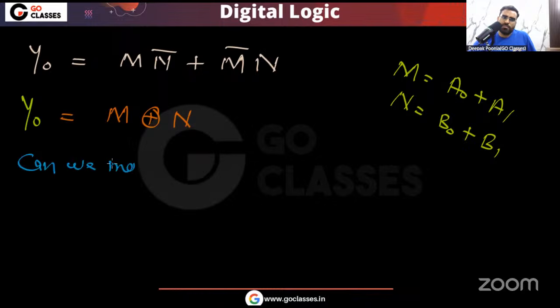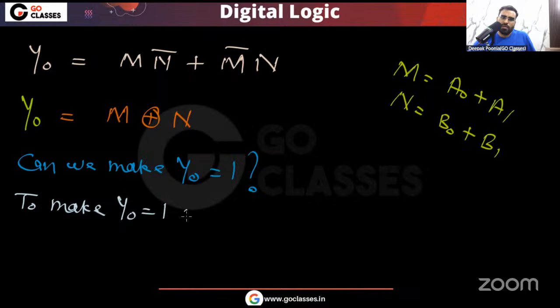So to make y0 equal to 1, what will you do? You can see, because here we have XOR, to make y0 equal to 1, both m and n must be different.